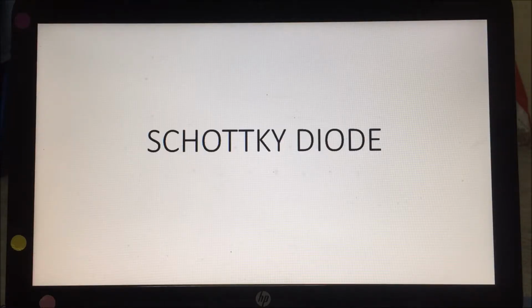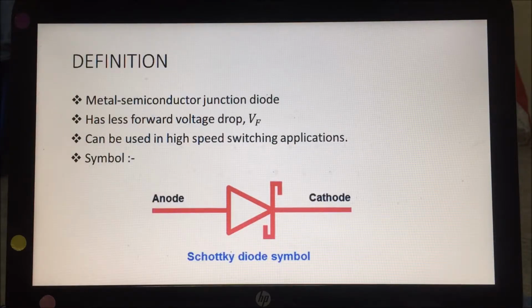Schottky diode. Schottky diode is a metal semiconductor junction diode. It has less forward voltage drop. When sufficient forward voltage is applied, a current flows in the forward direction.